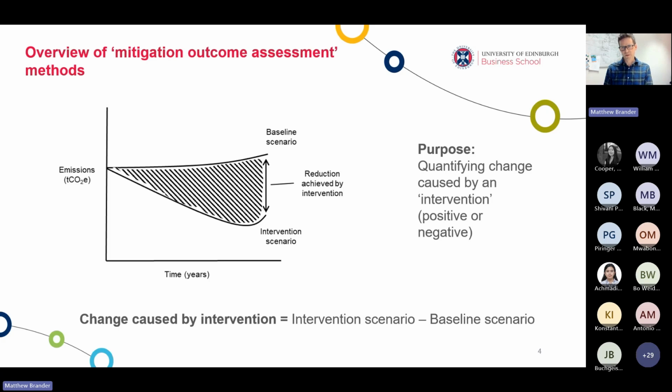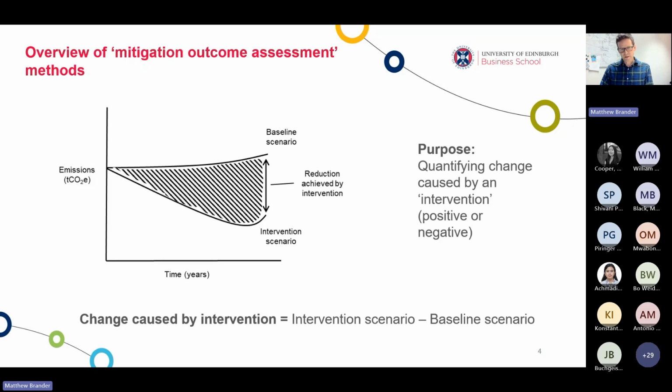So very much the purpose of this method is quantifying total system-wide change caused by an intervention. One thing to note is that the structure of the method is flexible. In this particular illustration, I have an intervention which is lowering emissions relative to the baseline, but you could just as easily have an intervention which increases emissions relative to the baseline, and your intervention scenario would just be above the baseline.